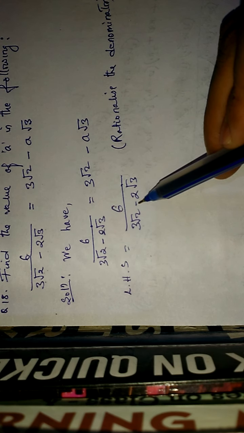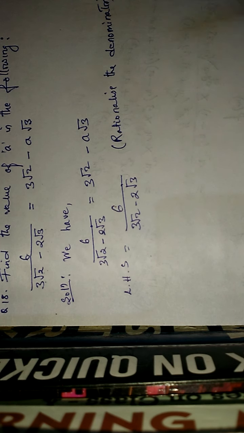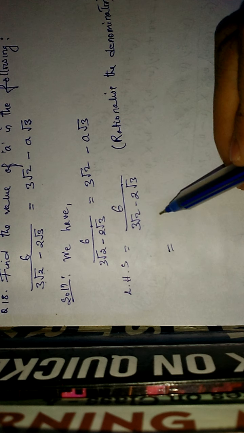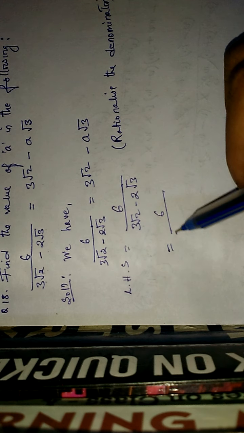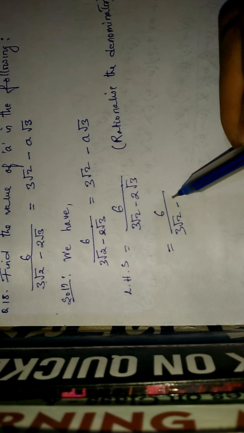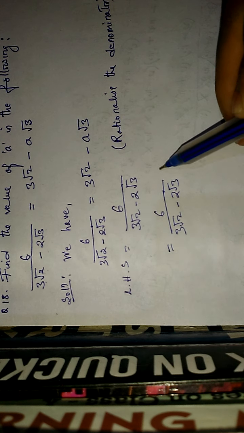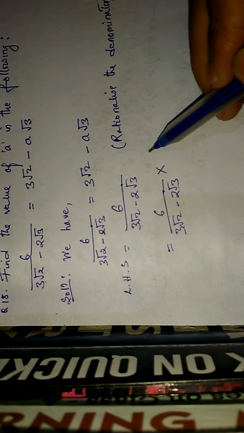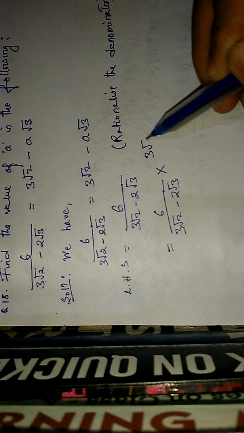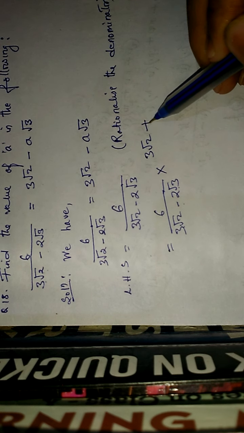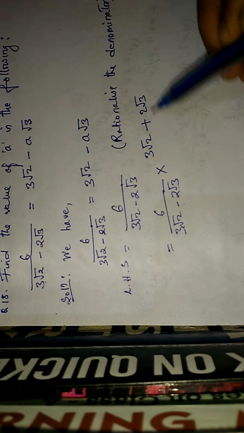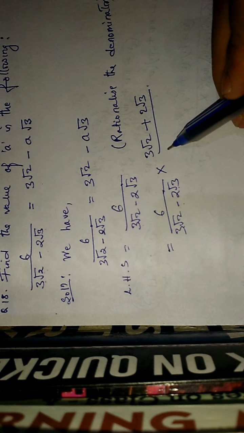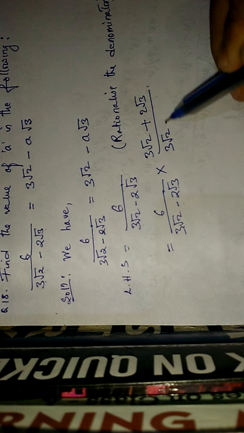Since this is minus here, you have to write 3 root 2 minus 2 root 3. Then the rationalizing factor will be the same number but opposite sign: 3 root 2 plus 2 root 3. This is for the numerator, and for the denominator, let's write 3 root 2 plus 2 root 3.